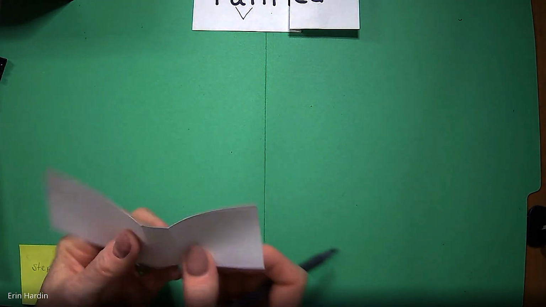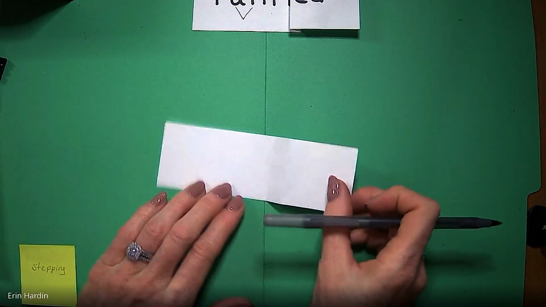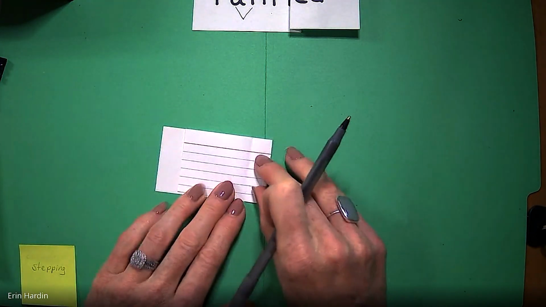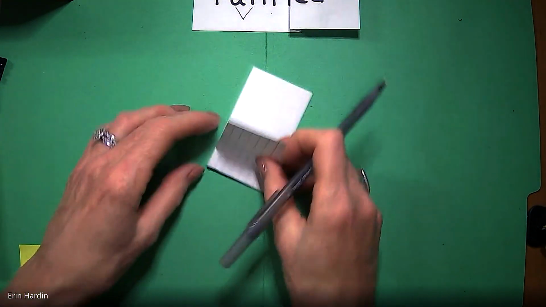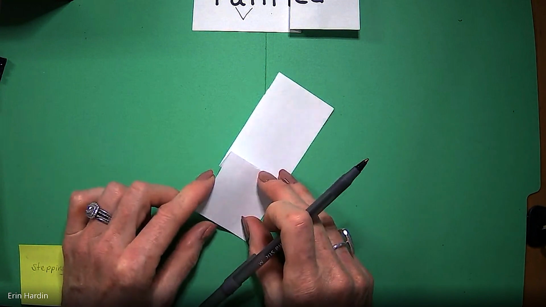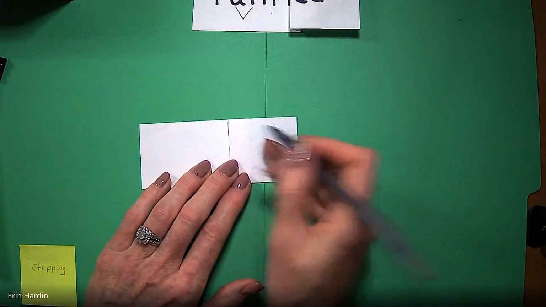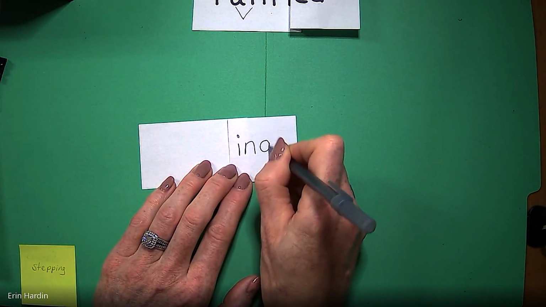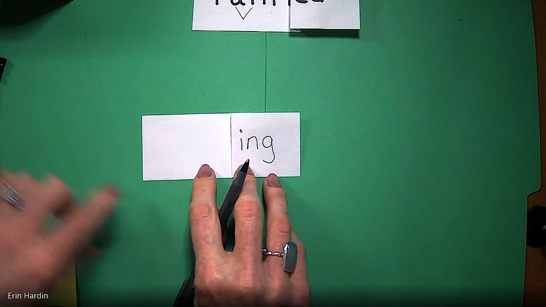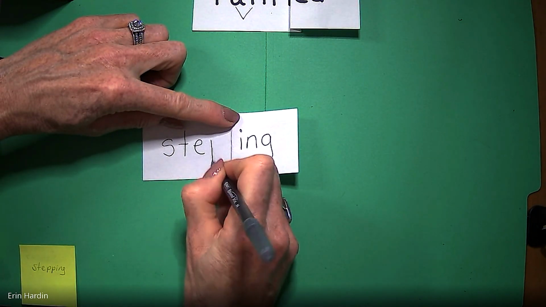And to do that, I took a large index card and I cut it in half. And you take it and you fold it over. So they've got about a half inch here. And then you fold it just a little bit backwards, about a half inch as well. And then you can write the suffix on the end, and you can write the base word on this side. Let's say I want to write the word step.